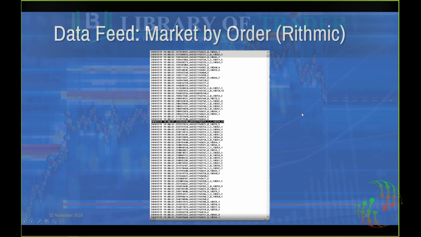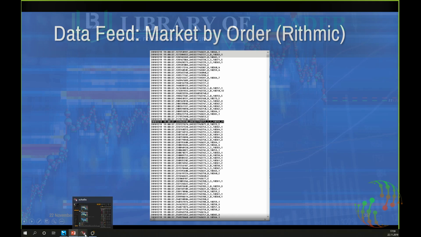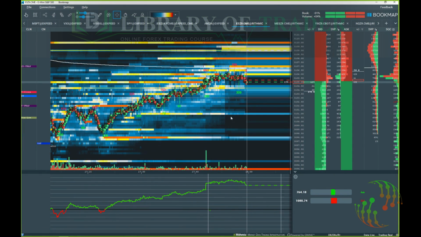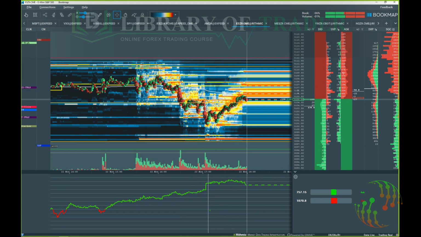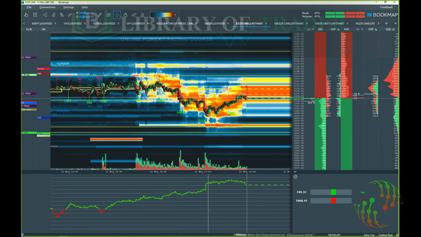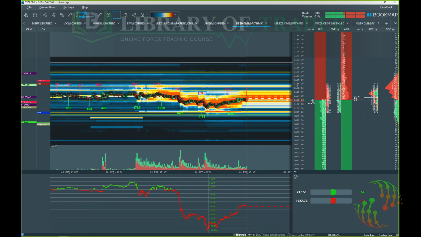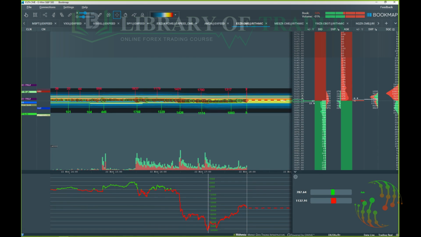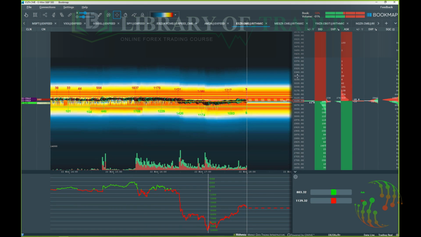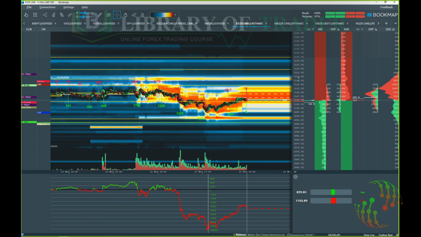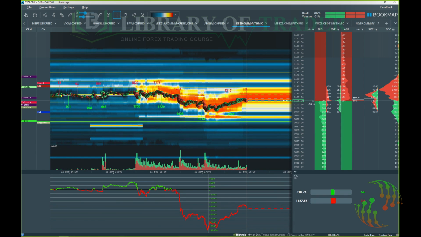Therefore, we recommend Rhythmic or DX feed, because, let me condense this as fast as I can, you see we are talking about every level between, let me say, roughly 120 and 92.